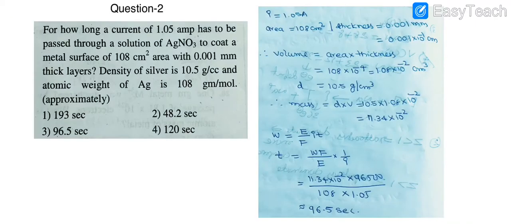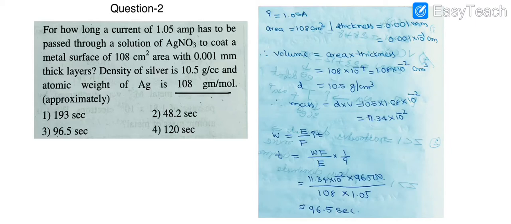Second one. Here it is given how long a current of 1.05 ampere has to be passed through an AgNO3 solution to coat a metal surface of 108 cm² area with a 0.001 mm thick layer, with the given density and given molecular weight. So how long must the current be passed?